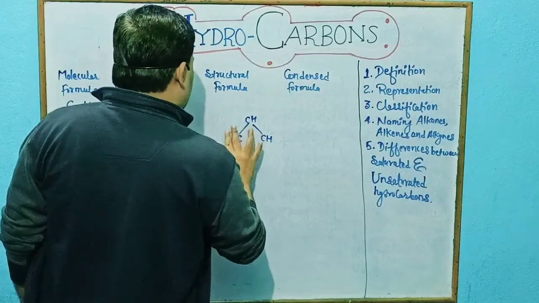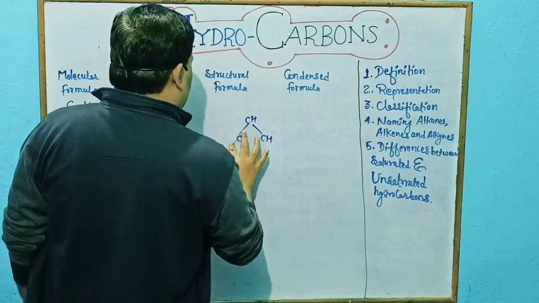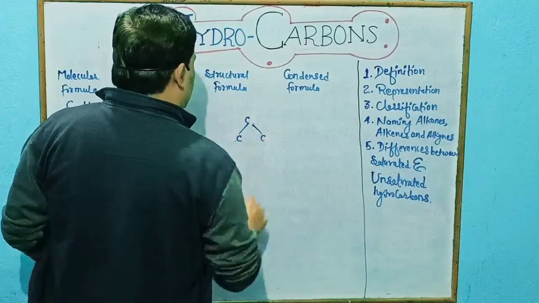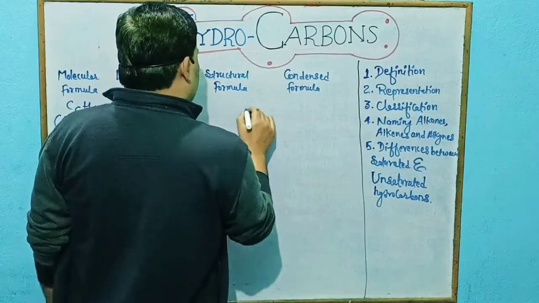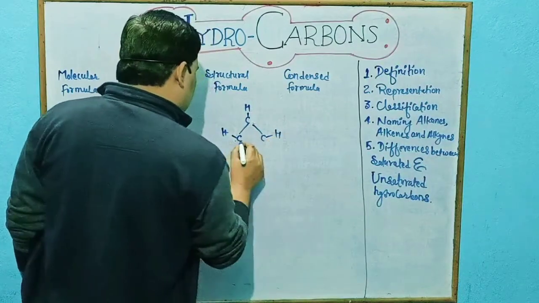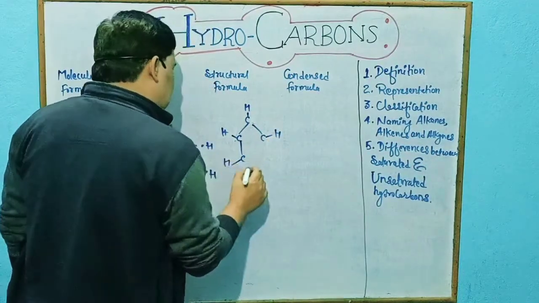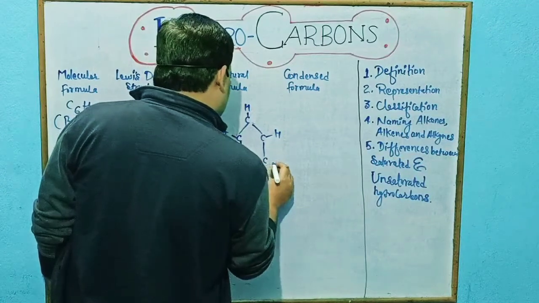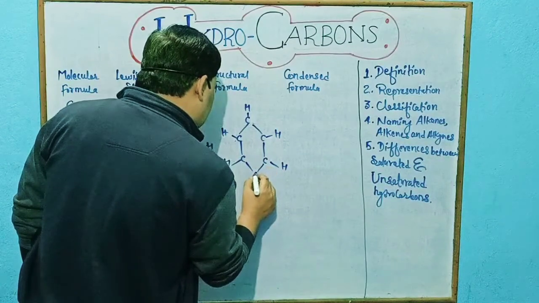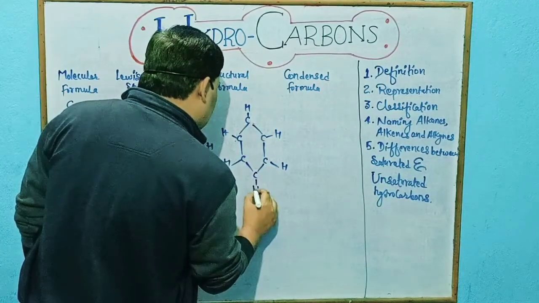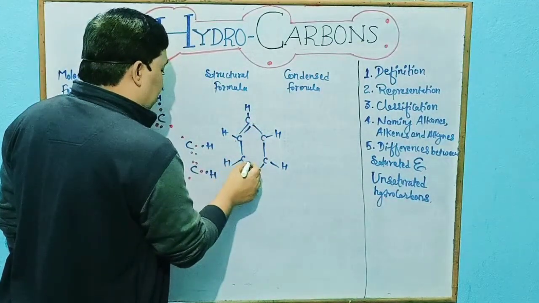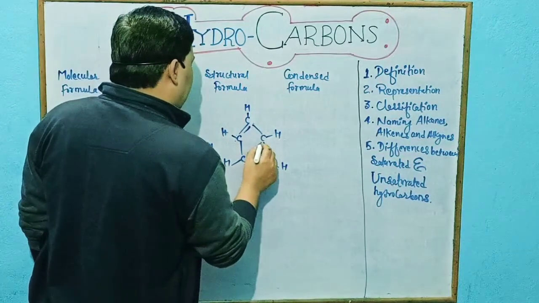We will show the attachment of hydrogen also by bond line. Double, leaving the next carbon atom, again double, leaving the next carbon atom, again double.